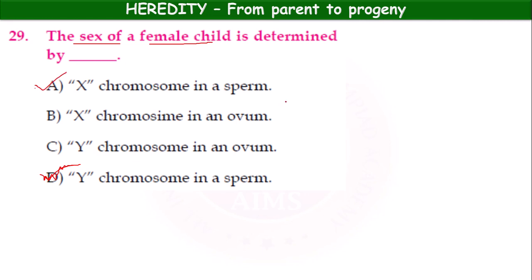It gives the female combination XX. The X ovum fertilized by an X sperm forms the XX combination, which represents the girl child.